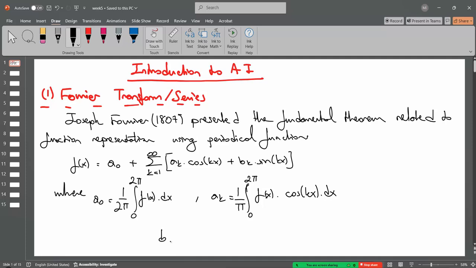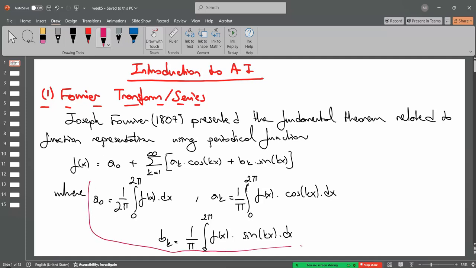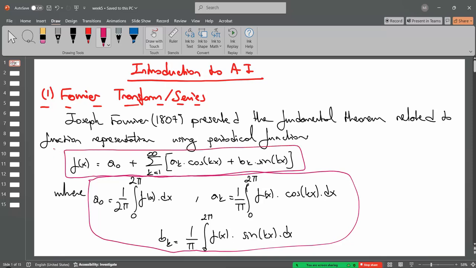And also we can write bk, 1 divided by pi, 0 to 2 pi, f(x) times sin kx dx. These are the coefficients of our function representation, and the main formula can be given using this one. So any signal, any discontinuous or continuous thing can be modeled based on these properties, which is given in this form.